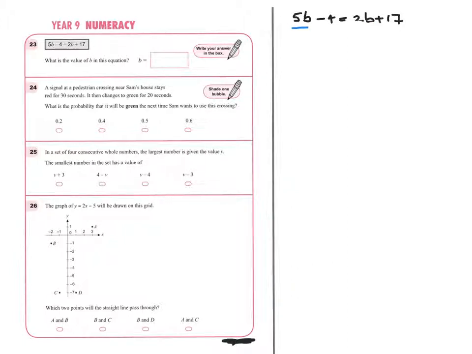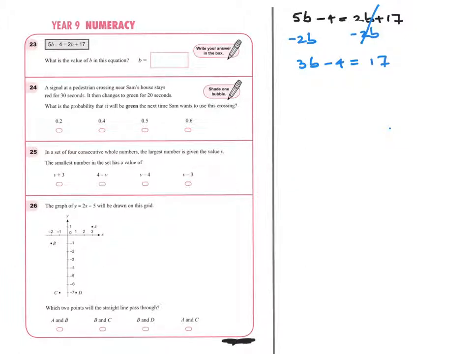So we're gonna say take away 2b on both sides. 5b take away 2b is 3b, take away 4 equal to 17.